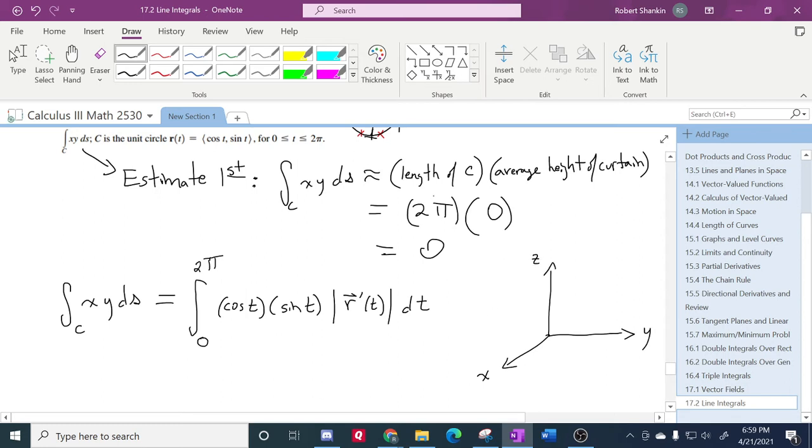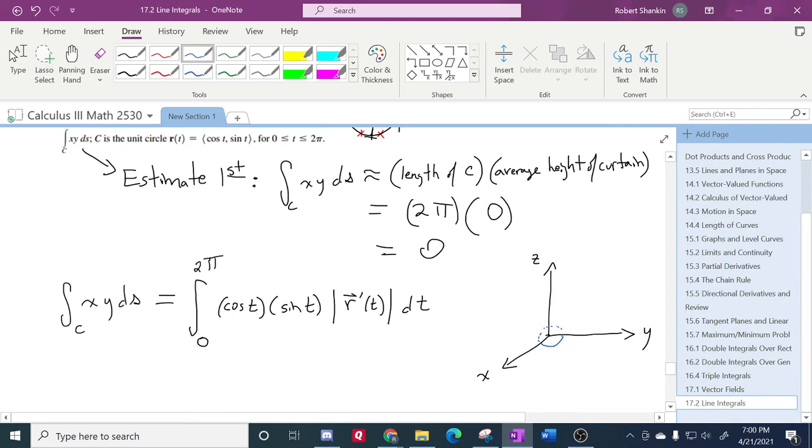So what we have is this unit circle in the xy plane. And above that unit circle, we have this surface, xy, above and below.